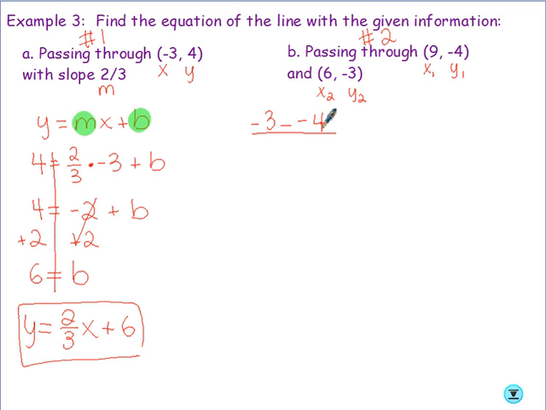In the denominator, x2 is 6 minus x1 is 9. In the numerator, you had a double negative. So that means we got 2 positives. Negative 3 plus 4 is a positive 1. 6 minus 9 is negative 3.